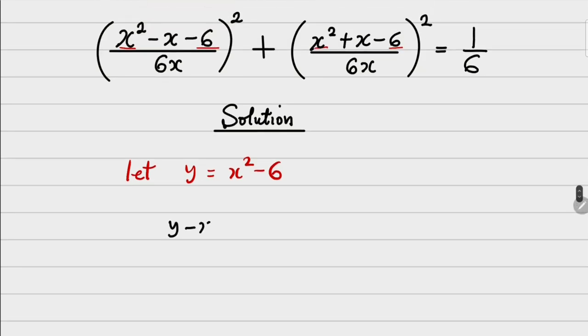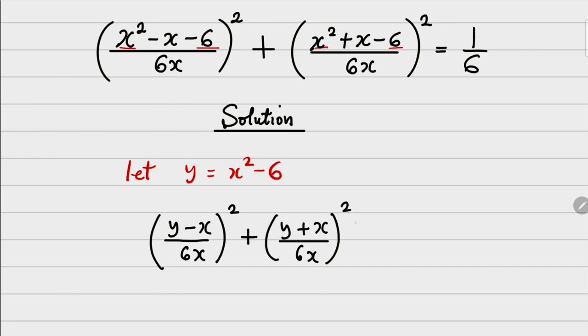then I have minus x all over 6x, and this is all squared, then plus y plus x all over 6x, then all squared is equal to 1 over 6.